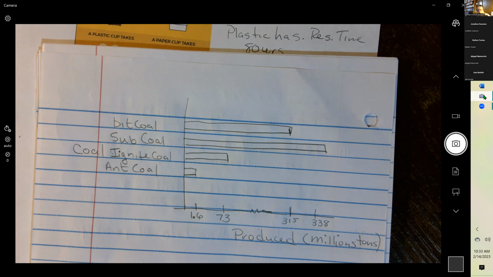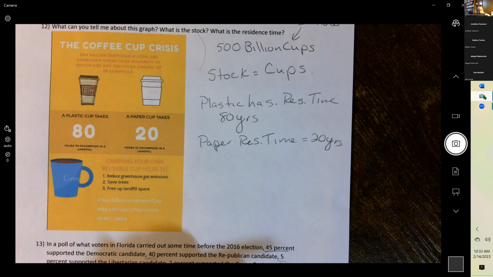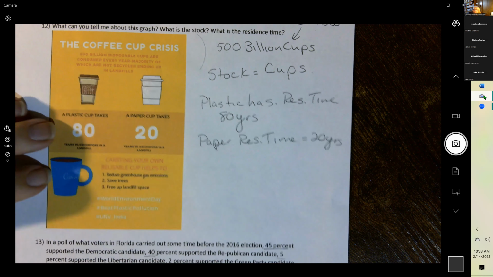With the one where we read it, will it be like the coffee cup one, or are we gonna have to do any math when describing the chart, or will we just have to know our terms and describe what numbers are in the terms? I think most of it would probably be describing.